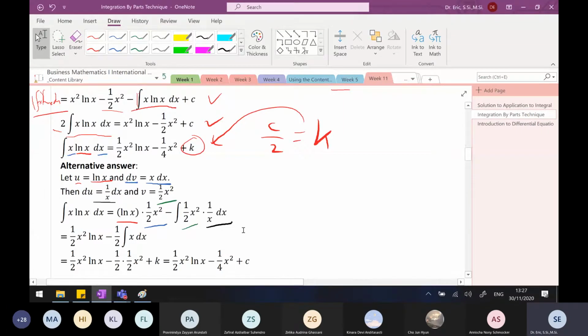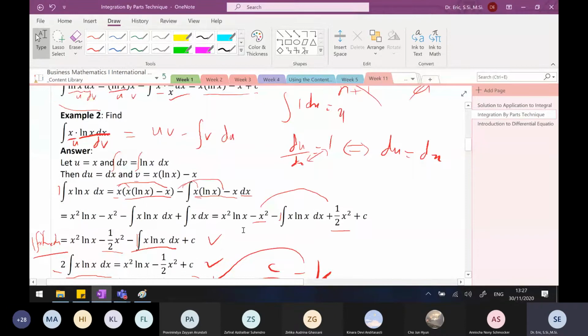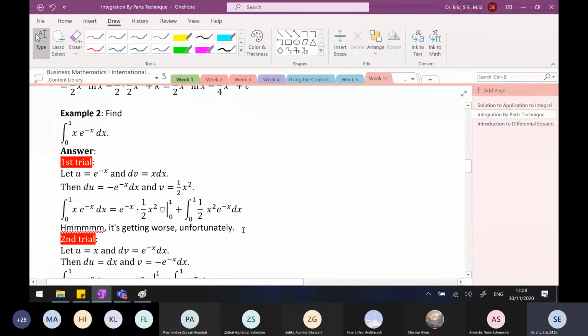So in the end, for integration by parts, you have to choose u and dv wisely. If not, the problem will get a little bit complicated. How can I choose wisely? Of course, exercises. I can say no more. Exercises. I'm sorry.